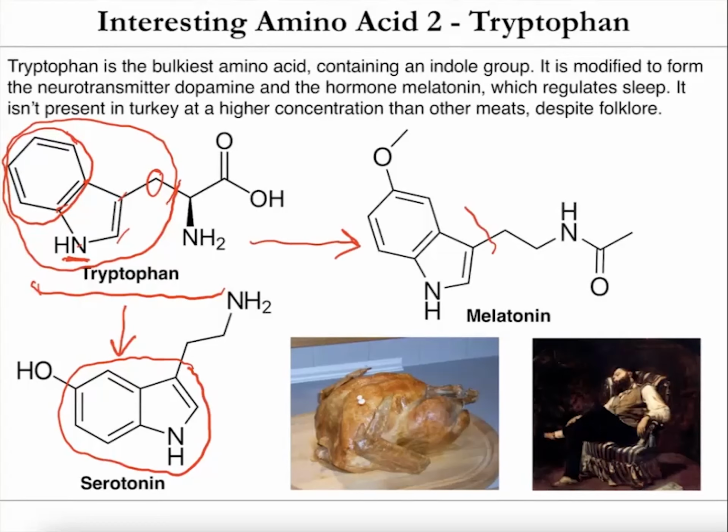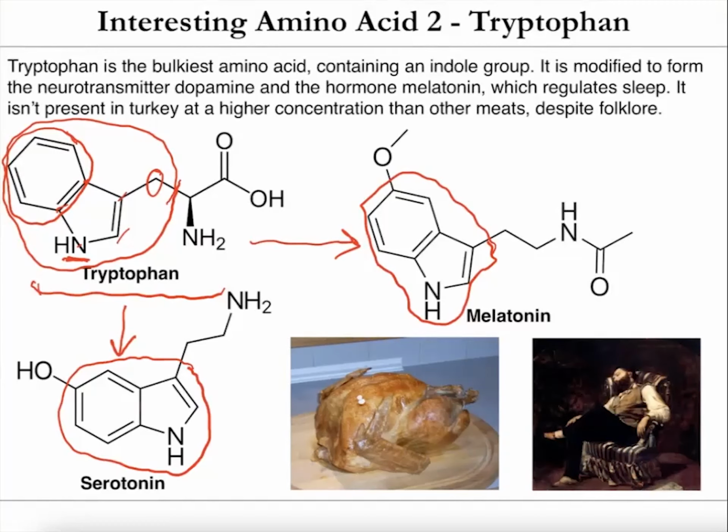You can see it also has this indole ring here, and that's because it's a modified version of tryptophan. You may have taken sleep supplements or something. Melatonin's really important in regulating our circadian rhythms, allowing us to get sleep. Melatonin levels will rise when it's bedtime, and then in the morning they'll decrease.